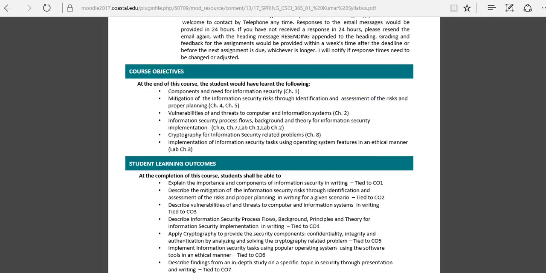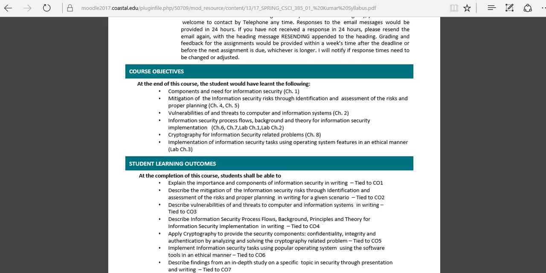So let me quickly go over the course objectives. At the end of the course, you should know the components and need for information security, and you should be able to describe them. You should be able to describe how you can mitigate security risks through identification and assessment.